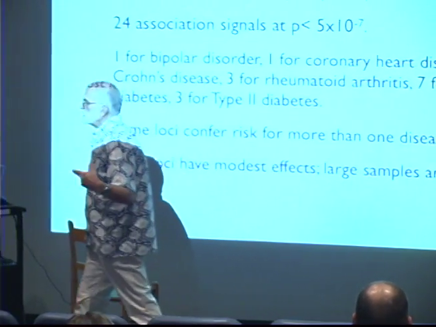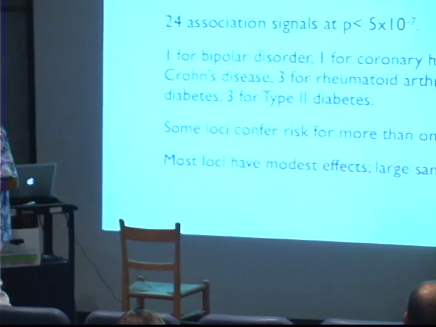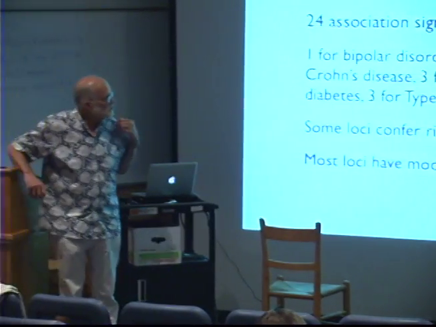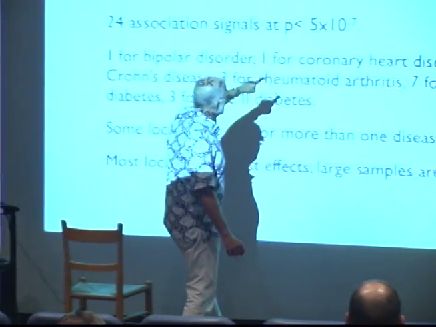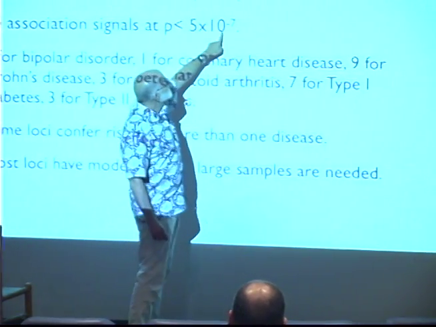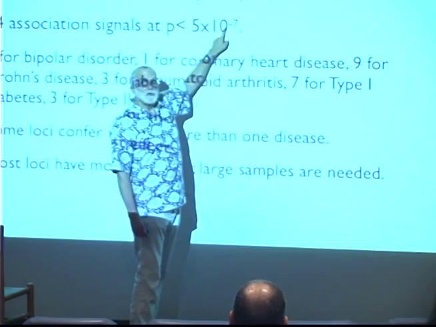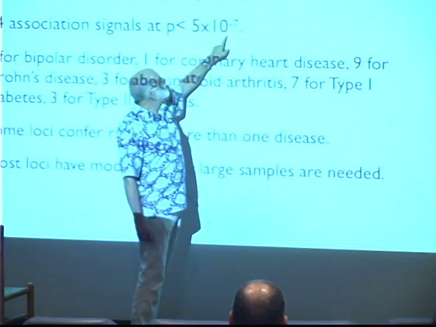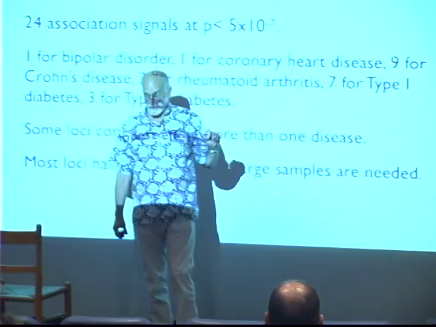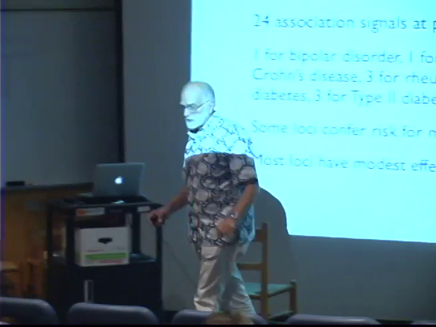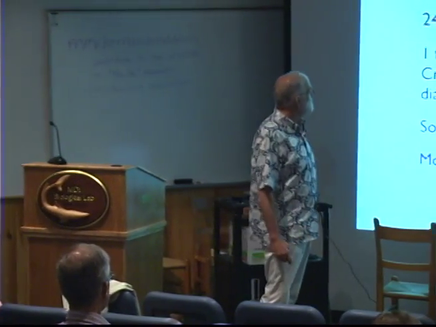The probability that you could get a significant association at random is pretty high when you do so many repeated tests. So you normally see in genome-wide association studies, instead of p equals 0.05 or 0.01, you ask for a p equals 1 in 10 million, okay? Because you're doing so many repeated tests across so many genes.